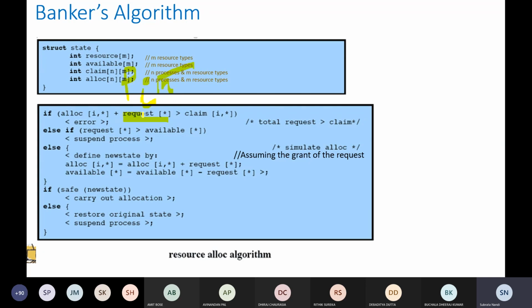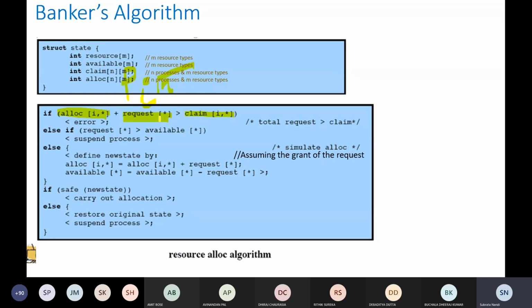so if whatever it has requested plus whatever has been allocated to it exceeds its claim, what does it mean? This ith process has already been allocated, the allocation where you can find this A of matrix A, i star, plus now you are requesting this much, and if I add these two, it exceeds the claim.